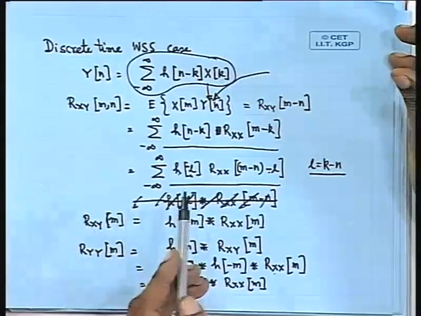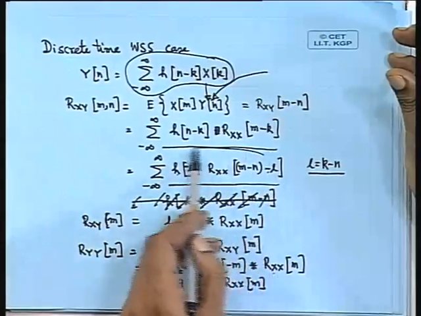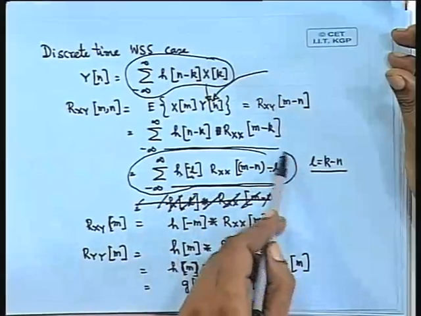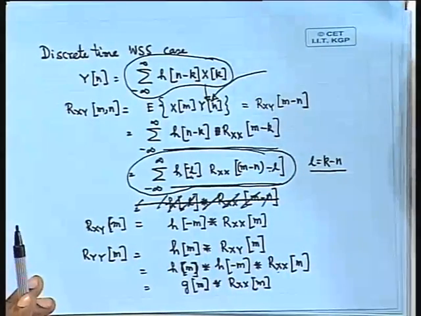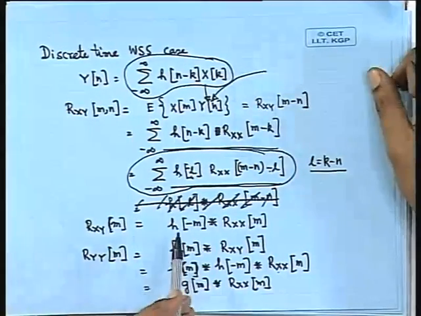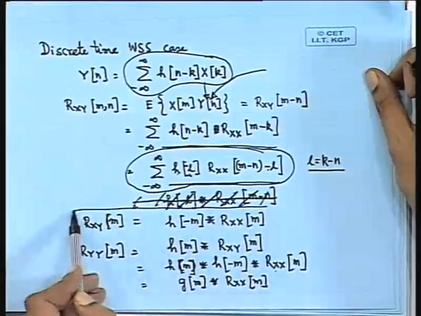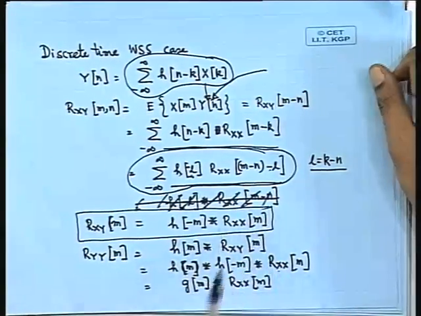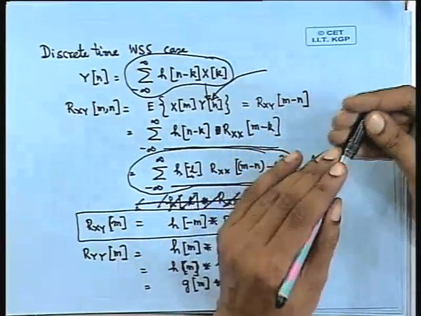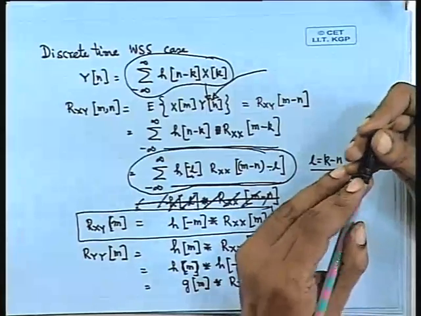Now this itself is a convolution if you realize. So this is the beautiful result: if by convolving x you get y, then by convolving Rxx you get Rxy. So even the same convolution properties hold on the correlation function. That is the beautiful result.